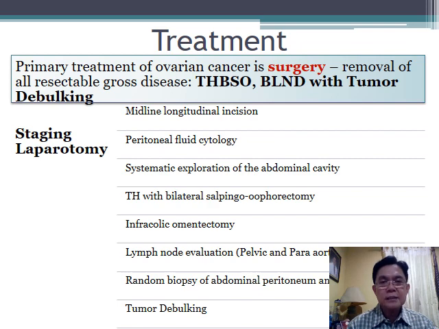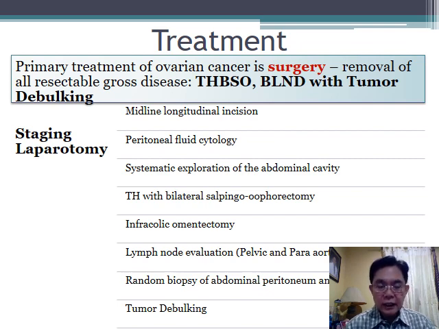That is performance of a total hysterectomy, bilateral salpingo-oophorectomy, bilateral lymph node dissection, preferably, or if not possible, you can perform a bilateral lymph node evaluation or palpation with tumor debulking in the presence of metastatic disease. We usually describe the surgical approach in ovarian cancer as a staging laparotomy.